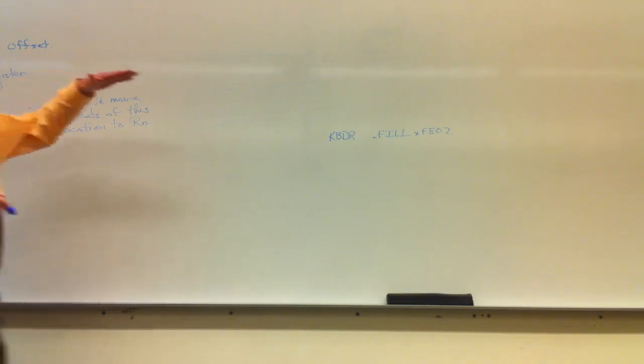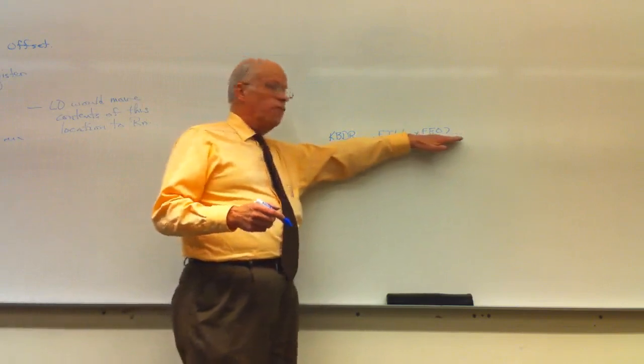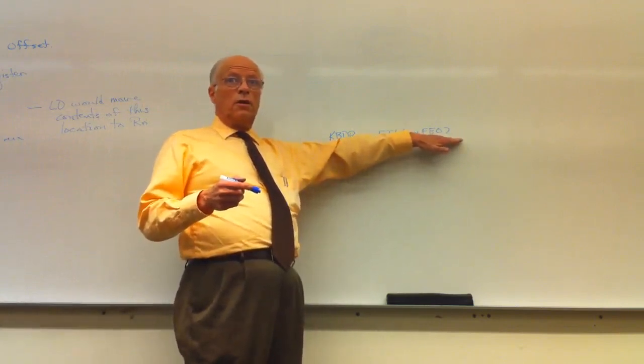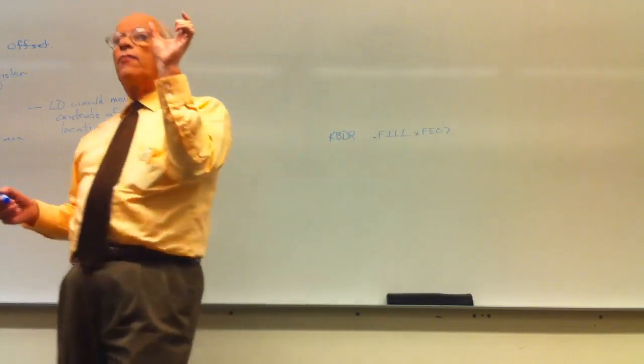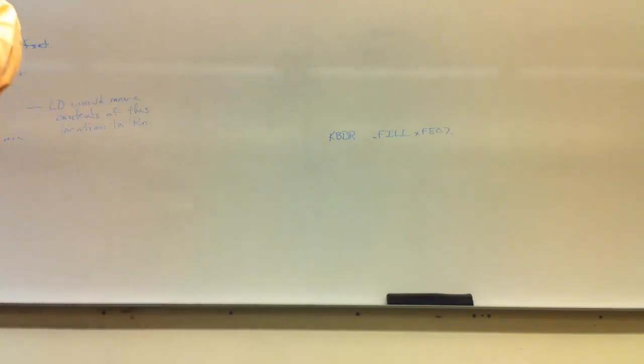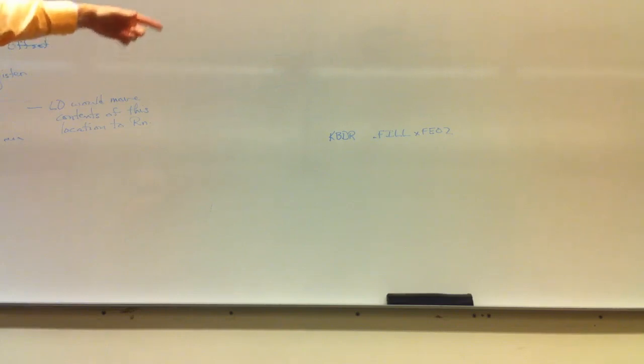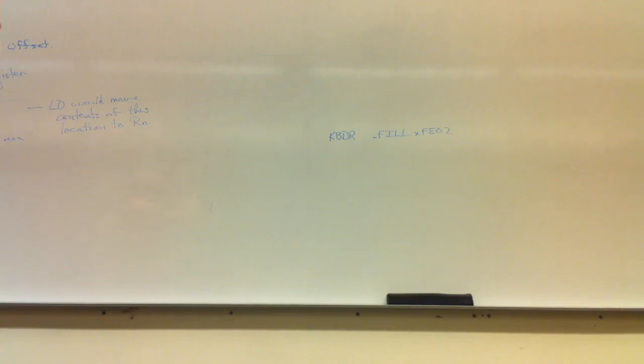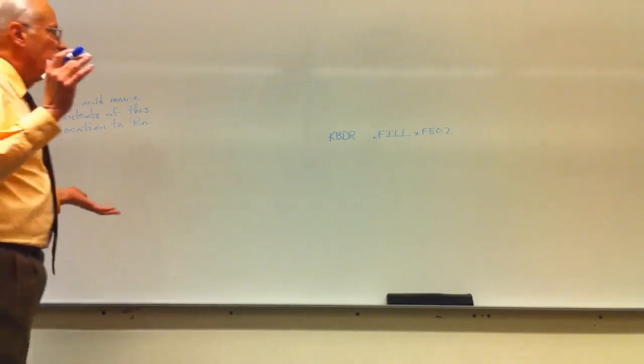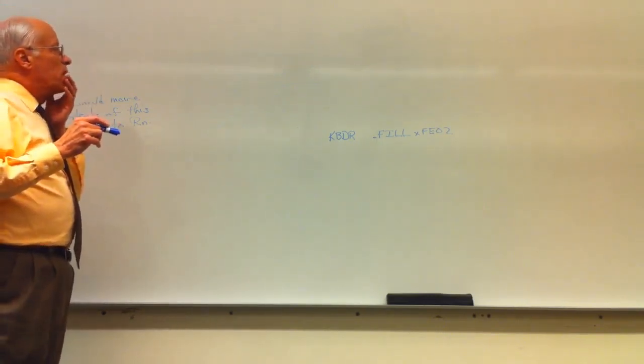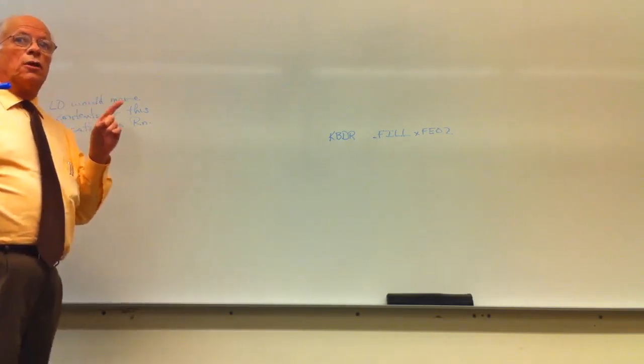I want to fetch the value from this location. Now, it's too far away for the offset. If I'm down around the 3,000s, to get from 3,000 to 15,000, roughly 12,000 memory locations, I can't do that in 9 bits. I just can't. So there are a couple of ways you can do it.